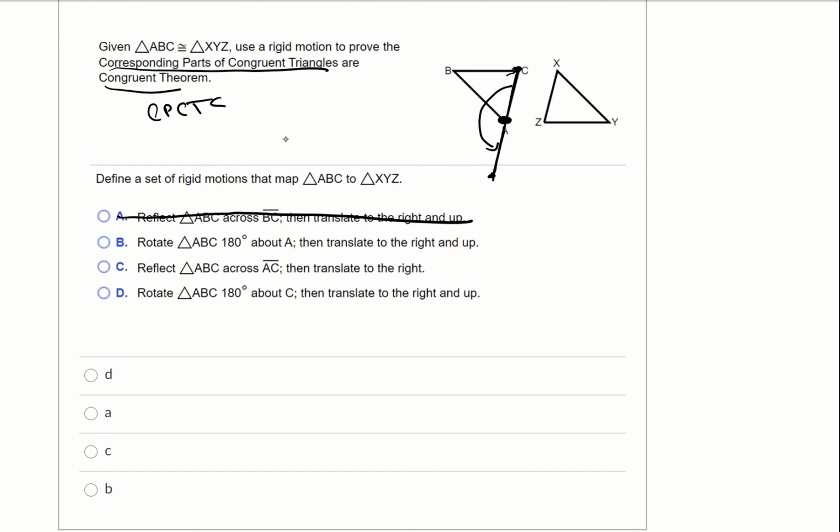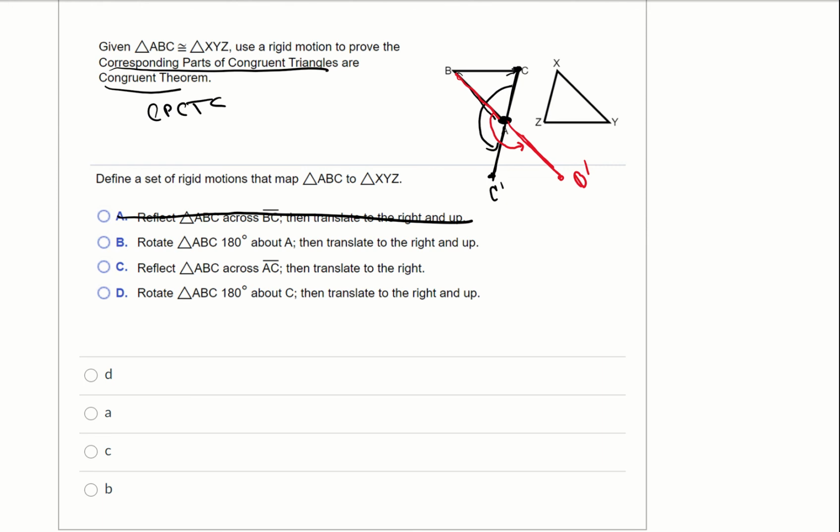And so that's going to be my new point C. We'll call it C prime. And then this B is going to be rotated 180 degrees in the opposite direction with the same length. And so that'll be like B prime.